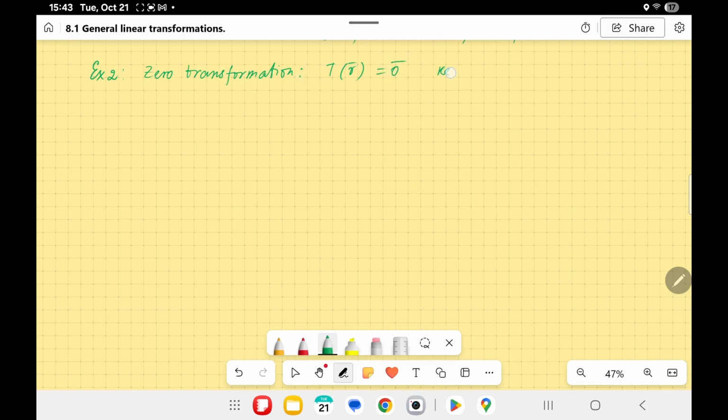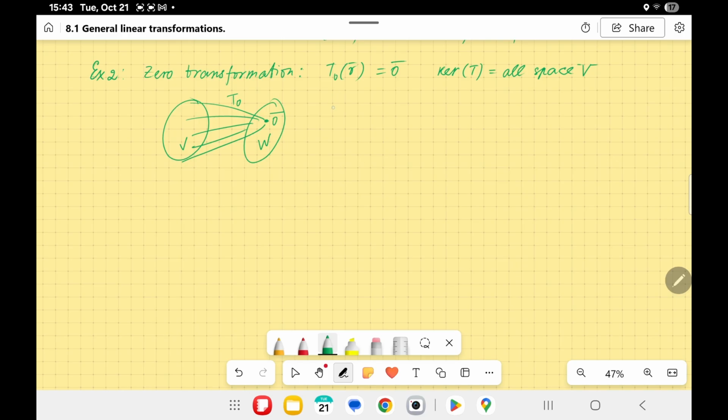So basically, the kernel of such a transformation is going to be all space V, because all V go to zero. I'm going to draw the picture. Space W, that's space V. So all vectors V go into one zero vector here. That's how the transformation works. I'm going to label it T0, okay?